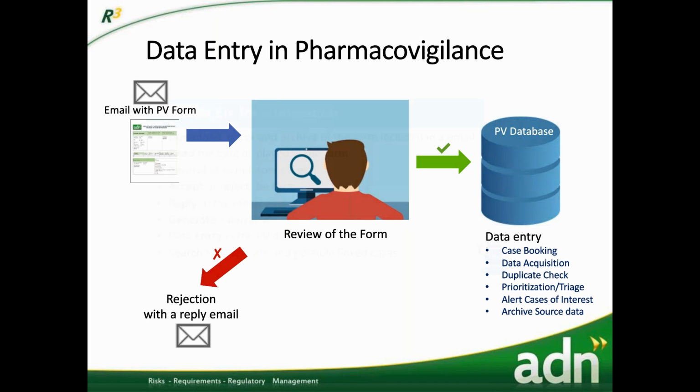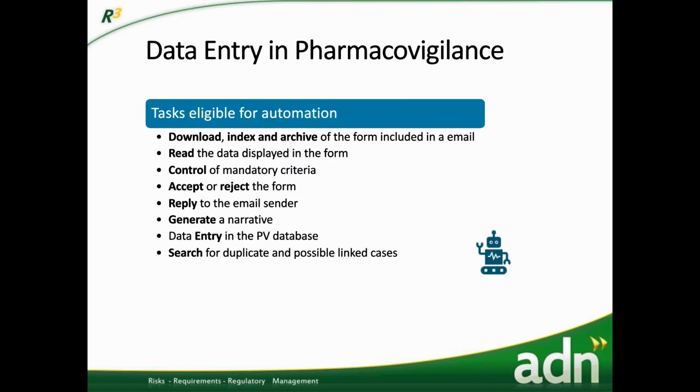In all this process, the way I have presented it to you, we can find tasks eligible for automation, such as downloading, indexing, and archiving the form, including the email. To read the data displayed in the form, we have chosen a form that is an image, not an electronic form, like a scanned document we might receive, for example.